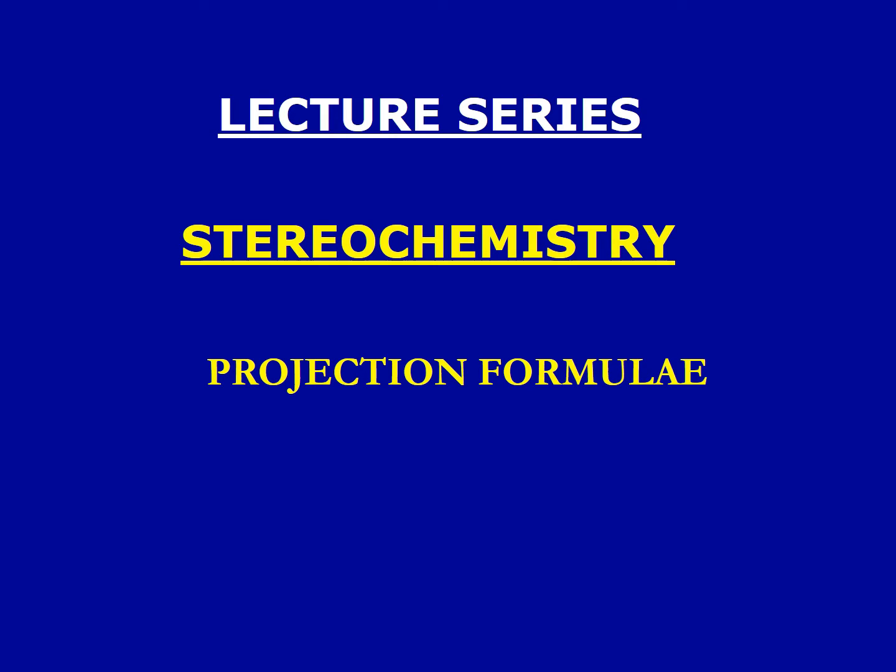Learning how to draw a three-dimensional molecule on a two-dimensional paper is very important, because if you cannot do it correctly, you would not be able to determine the correct stereochemistry of a molecule. And one more thing, for learning stereochemistry, you must have a very strong imagination power.